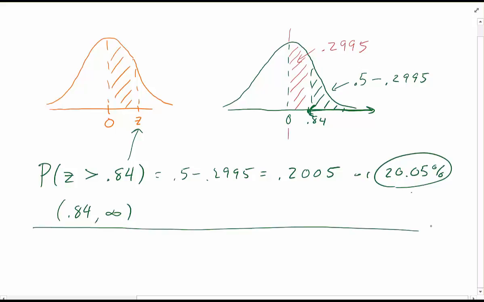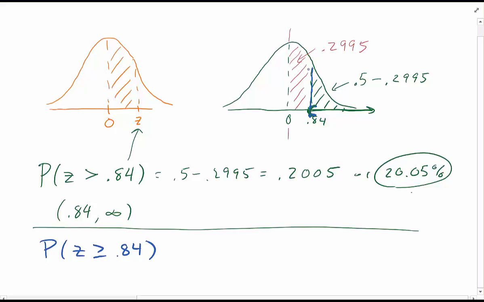Notice something else. If I said the probability that z is greater than or equal to 0.84, will that change anything? The only thing that changes is it adds a point into the interval. So up here I would put a blue bracket indicating I'm going from 0.84 forward. But that really won't change the probability, because the area under the density function above a point is really just a line.